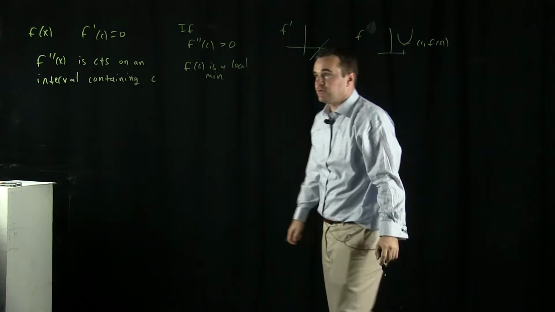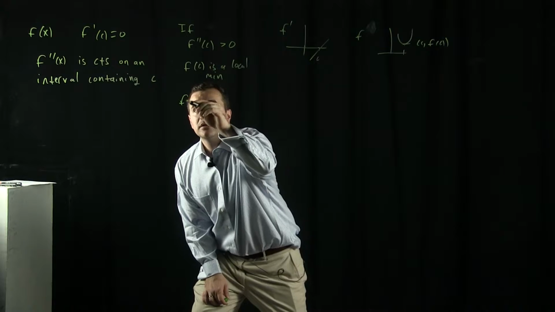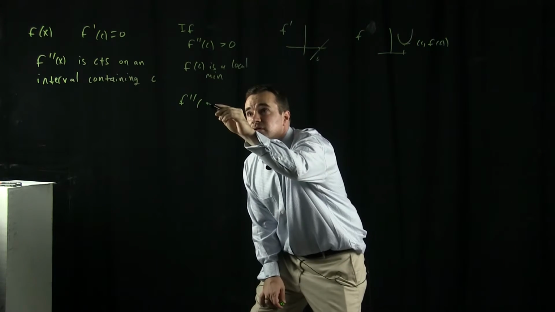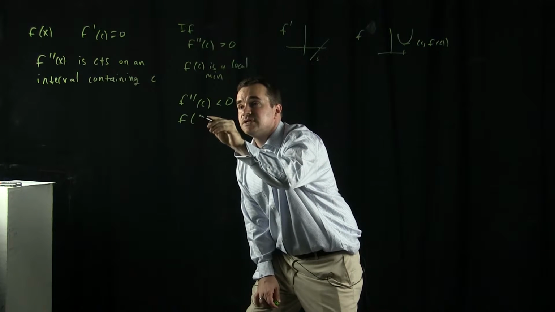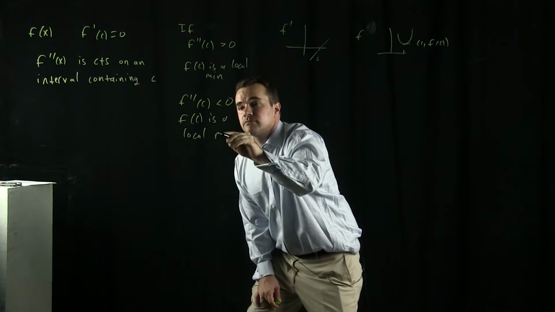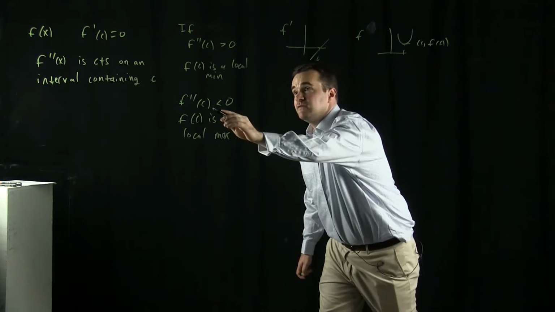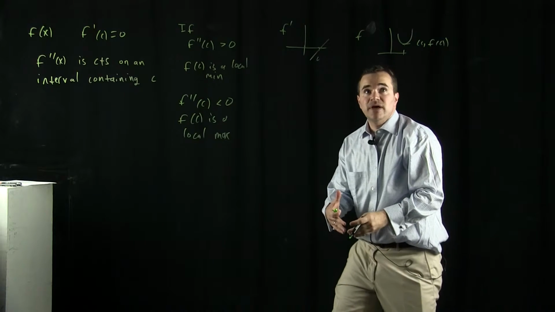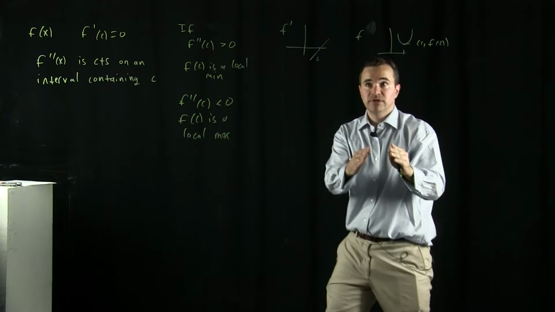Similarly, for the other case, if the second derivative is less than 0, then that's going to mean that f of c is a local maximum. If the second derivative is less than 0, then you're going to be concave down on an interval, so that point's going to be a maximum.